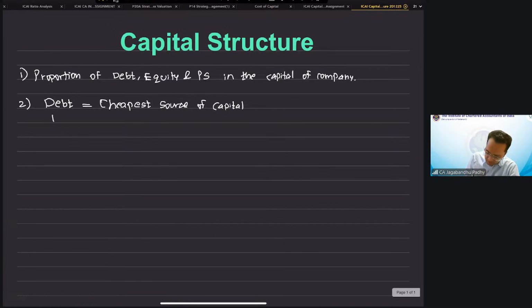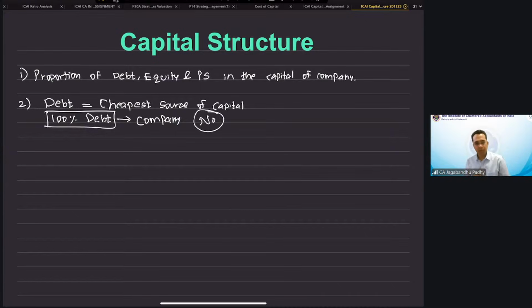But that doesn't mean we can have a company with 100% debt. We actually can't have a company with only debt and no equity.